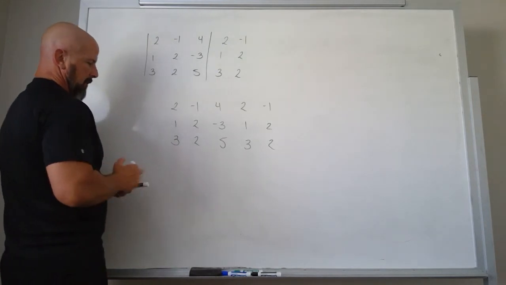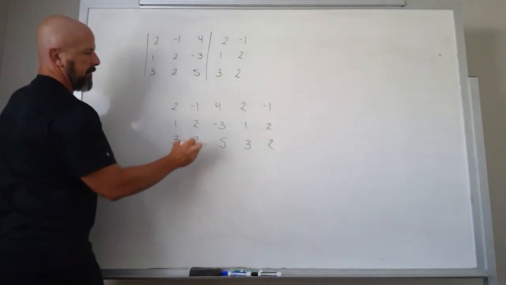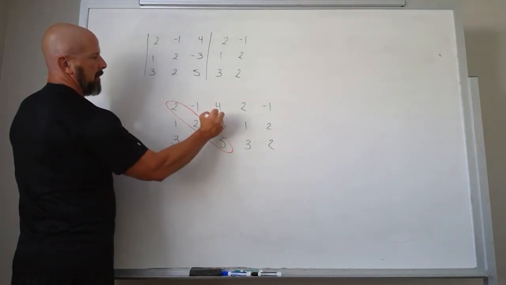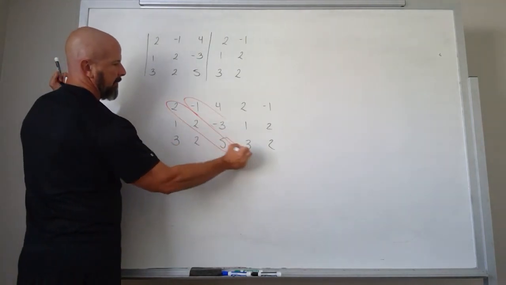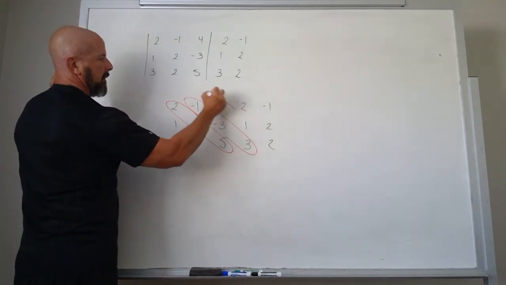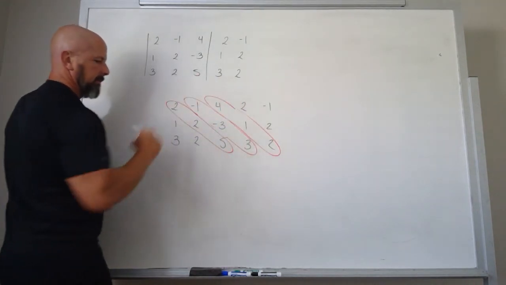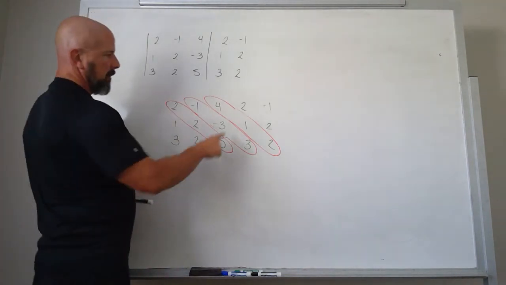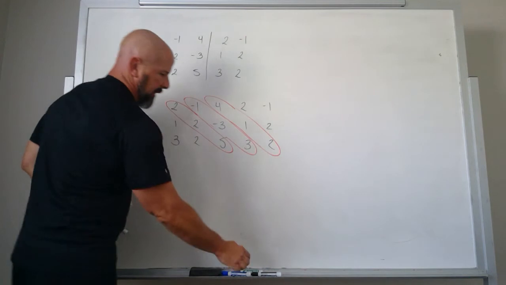Okay. So what we're going to do is start on the top left. We're going to multiply those. Then we're going to multiply with that -1 going down. Then we're going to multiply with the 4 going down. 3 elements. Notice 2, 2, there's not a third element here.